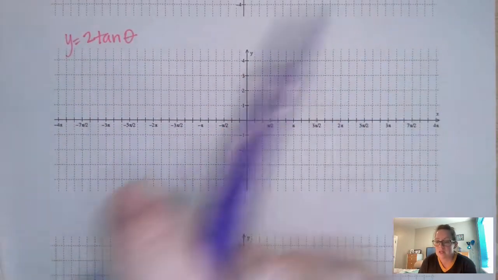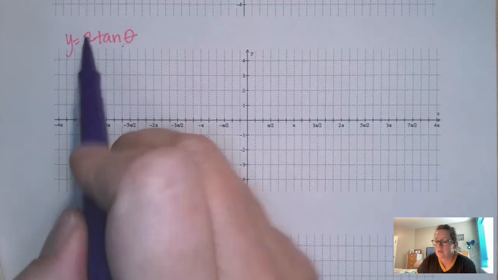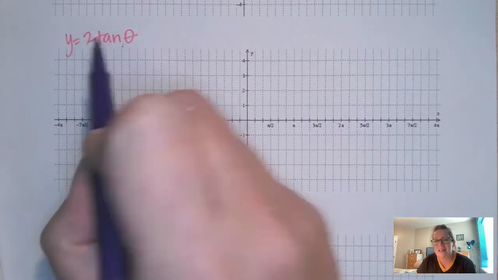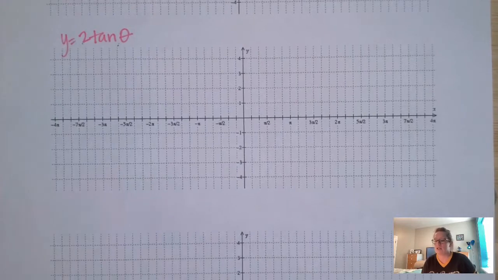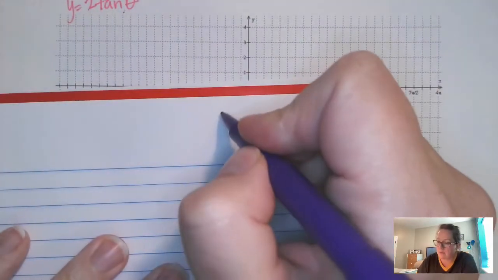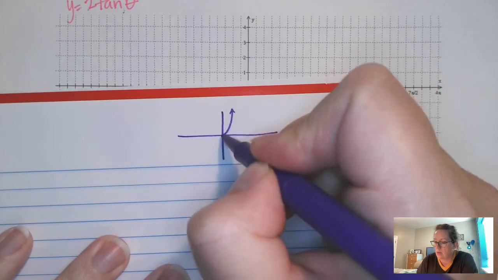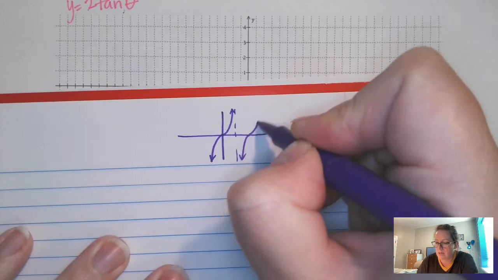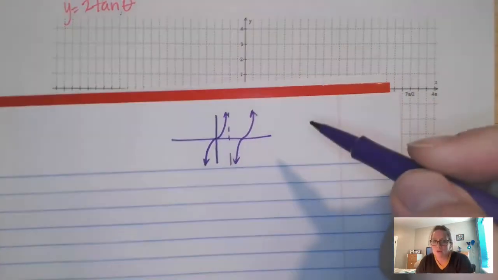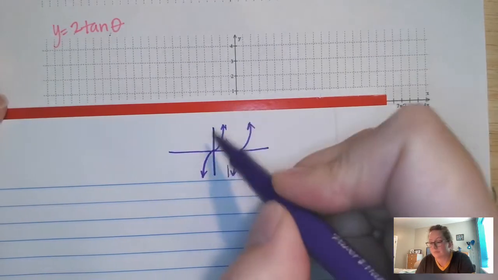So this one is going to be our amplitude, and then this guy here with the theta or the x affects the period. So with this, we know technically that is the amplitude location. However, because of a tangent graph, there is no amplitude. It goes on forever in both directions, right? So that too does affect the curve, how steep.